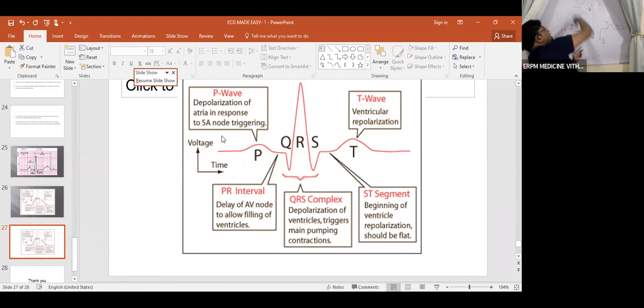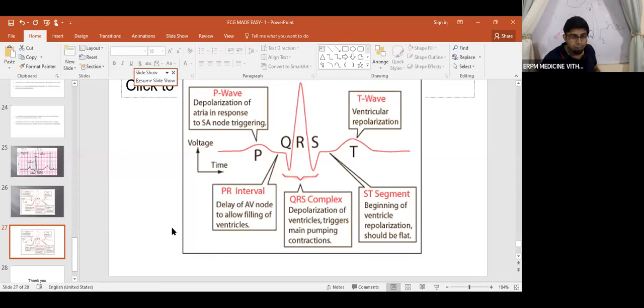When the SA node discharges, the atria are depolarizing in response. So this P wave is representing the depolarization of the atria in response to SA node triggering.